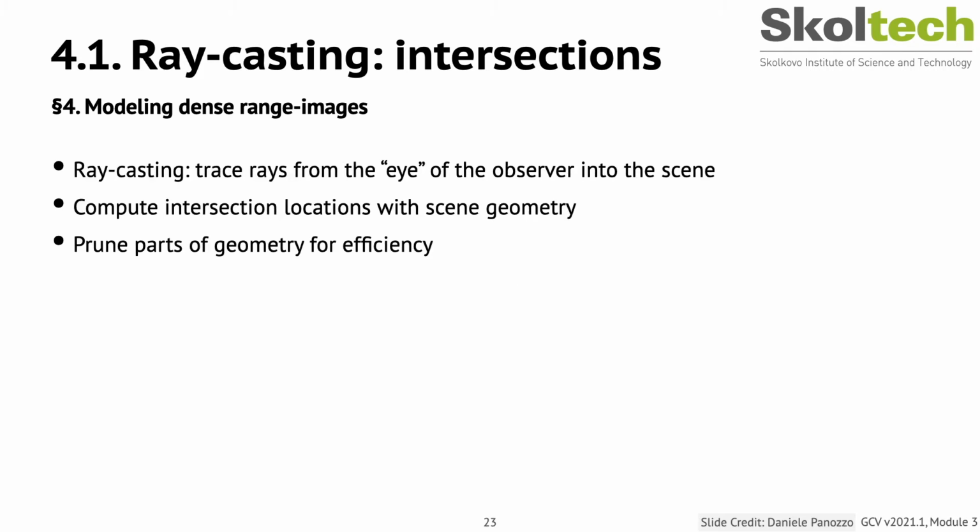So to sum up, raycasting traces rays from the eye of the observer into the scene and computes intersection locations with the scene geometry, for instance with the triangulated surfaces. To efficiently compute these intersections, it uses accelerated data structures to prune parts of geometry.